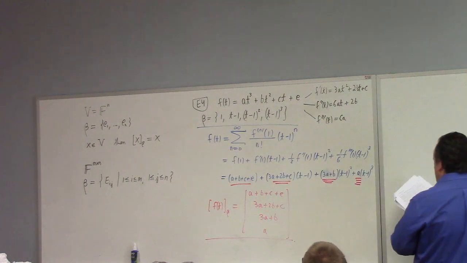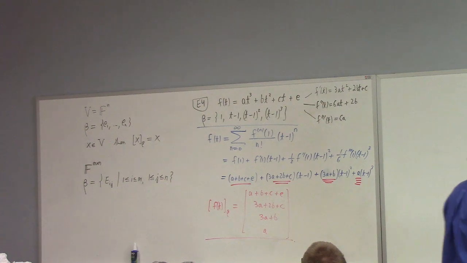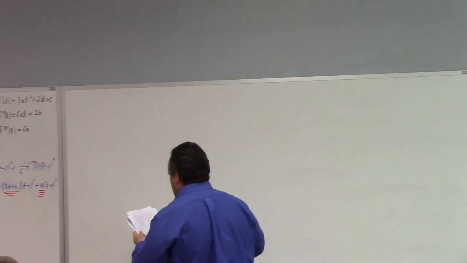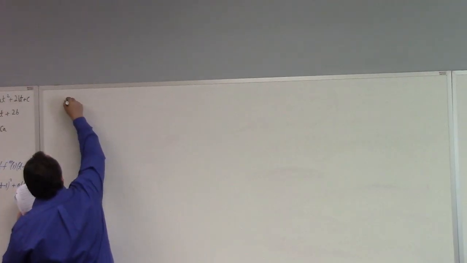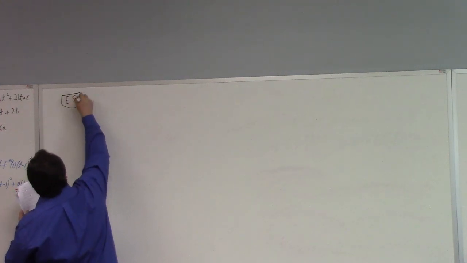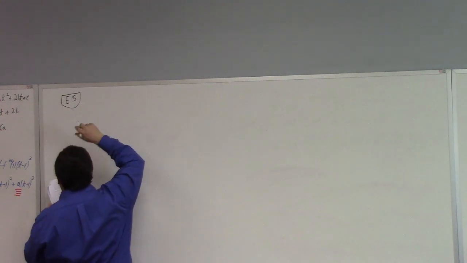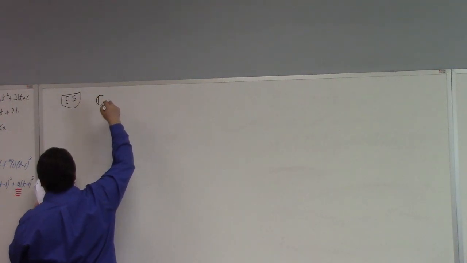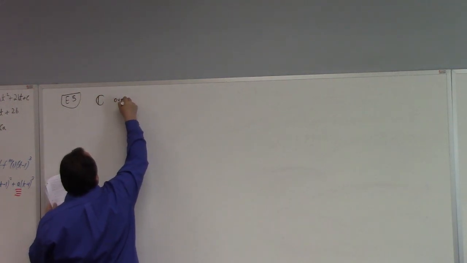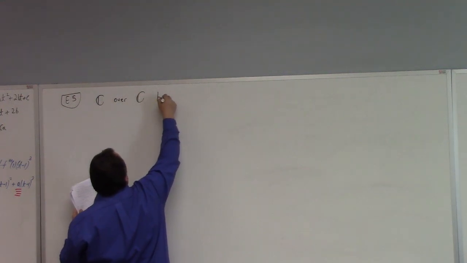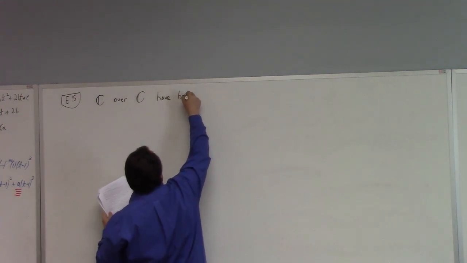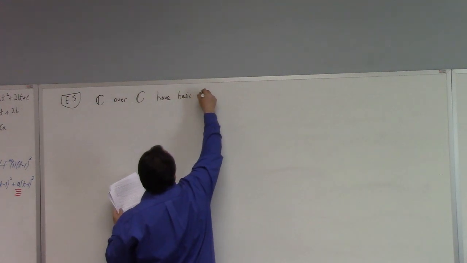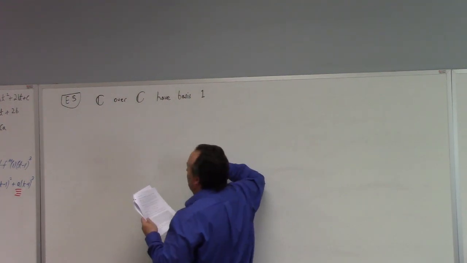Shifting gears example-wise a bit. Example 5. So let's talk about the complex numbers. The complex numbers over C have basis, we could use 1, right?